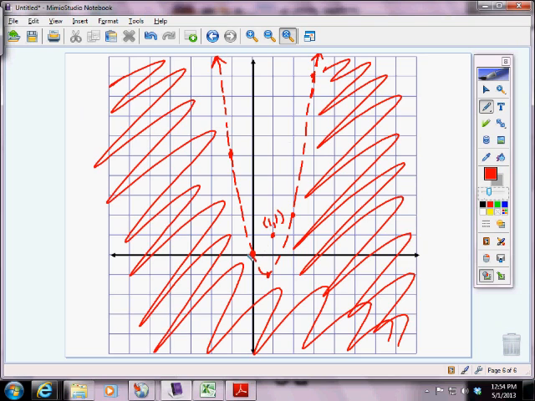Use 0, 0 whenever possible, but if your parabola goes through 0, 0, test any other point you want. If it makes it true, shade wherever your point is. If it's inside and it makes it true, shade the inside. If you picked a point outside and it makes it true, shade the outside. But like in this case, 1, 1 was not a true statement, so we're going to shade the opposite. We're going to shade outside the parabola.